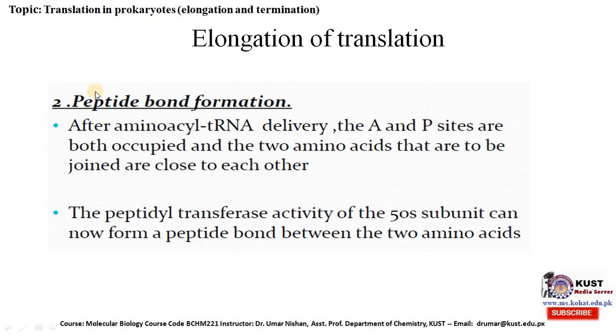Another step in the process of elongation is peptide bond formation. Like I told you before, during the process of translation, multiple amino acids are added to the chain, and these amino acids are linked together by a bond that is called a peptide bond. Now during the elongation, peptide bond formation takes place.